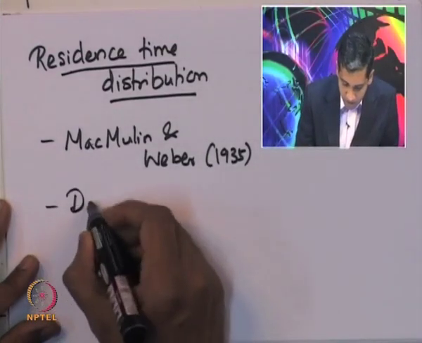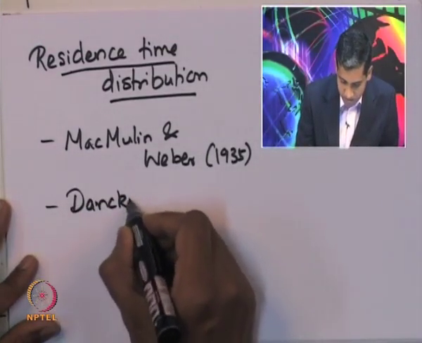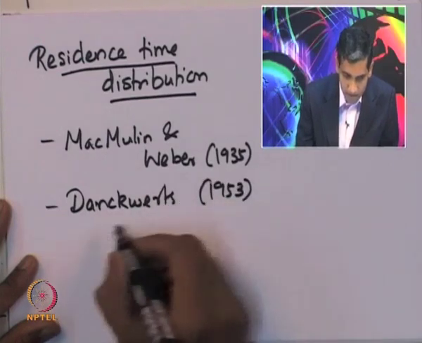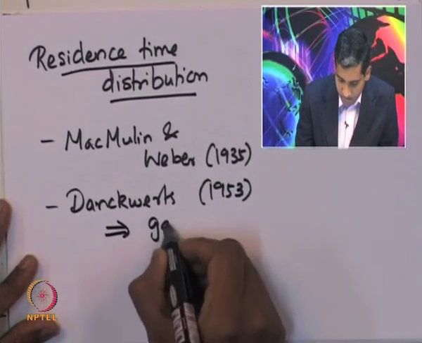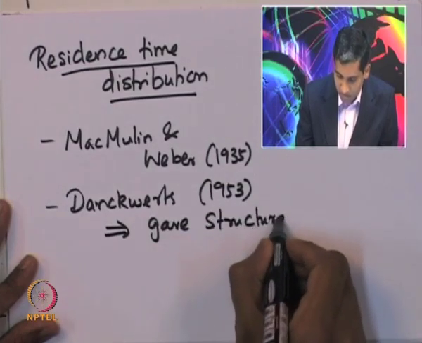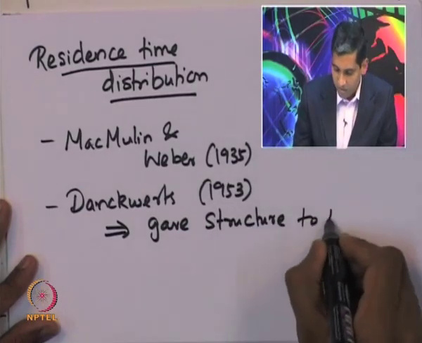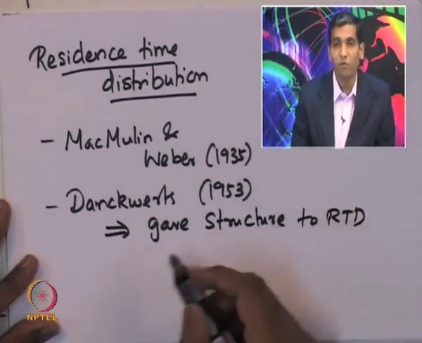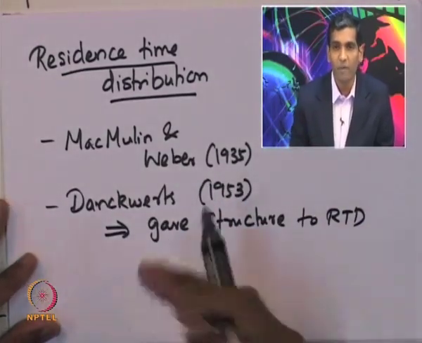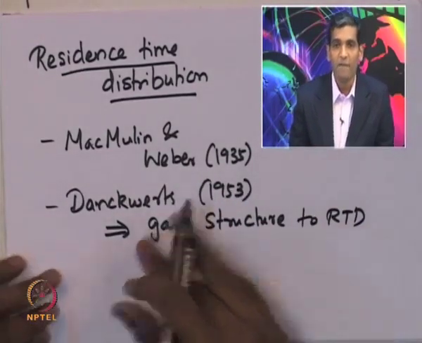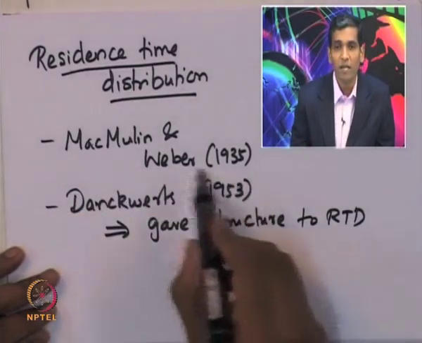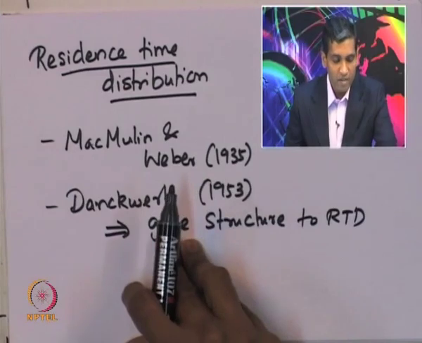So, it was Danckwerts in 1953 who gave structure to RTD. He took the idea of McMullen and Weber and developed it further. Therefore, most of the RTD work is attributed to the seminal work done by Danckwerts in 1953.